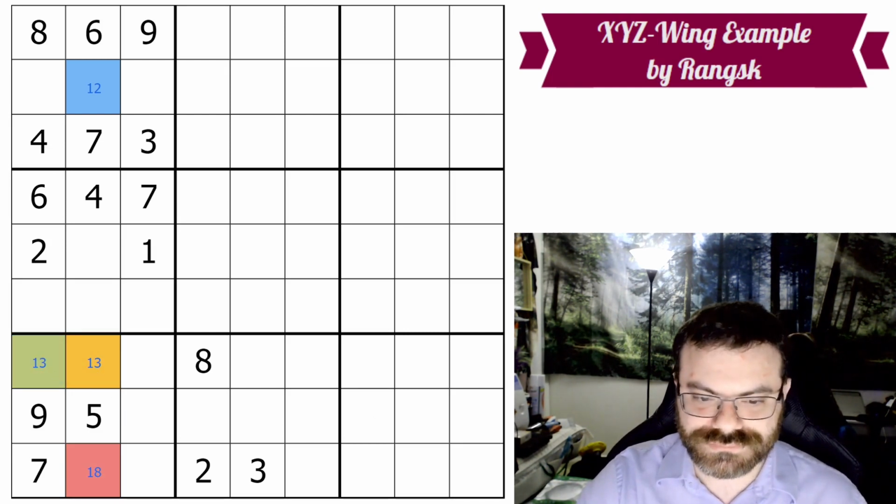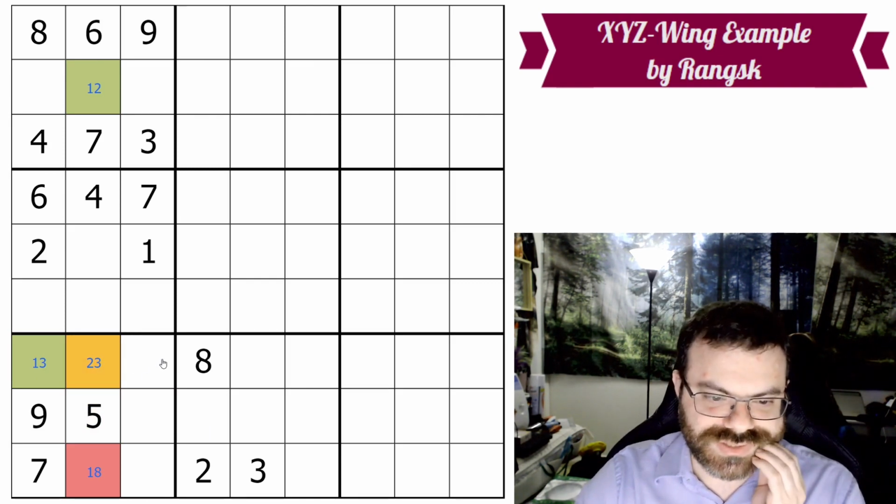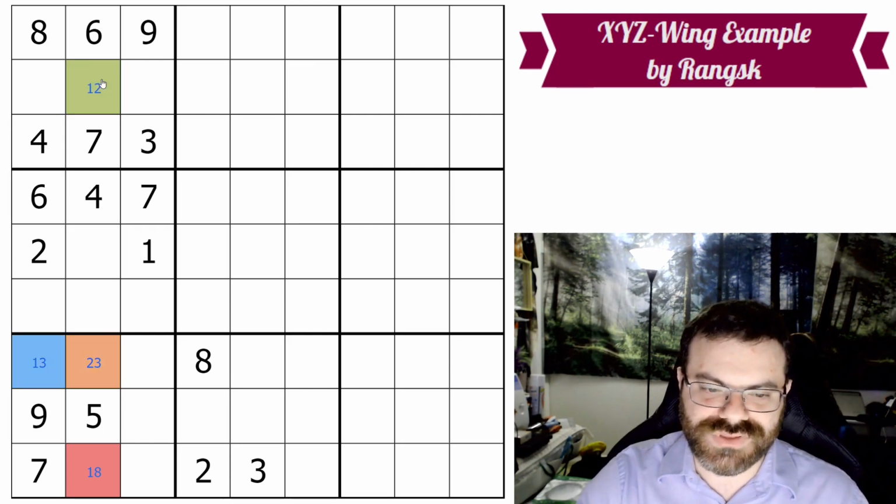It's a pair. The only time you have a Y-wing is if this 1 were missing. So you have 3 distinct cells where one of them sees the other 2, and there's 3 candidates for the 3 cells, and each cell has a different subset of those candidates.